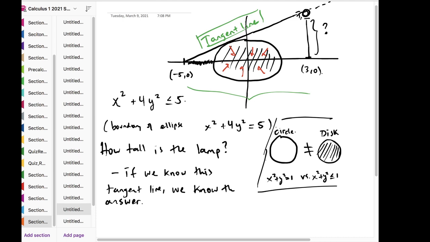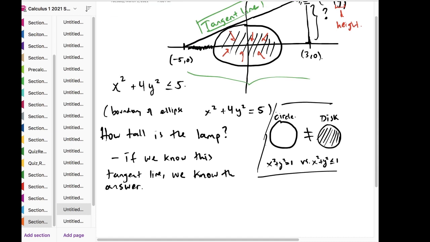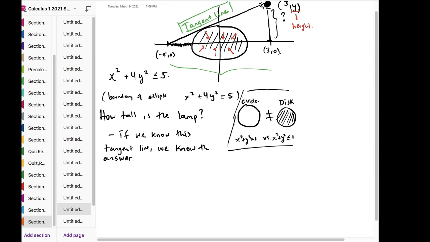It's sitting at 3, and the height of it is 3 comma y. So this would be the height. The light source is centered at 3 comma y. So the tangent line is a necessary thing we need to know.